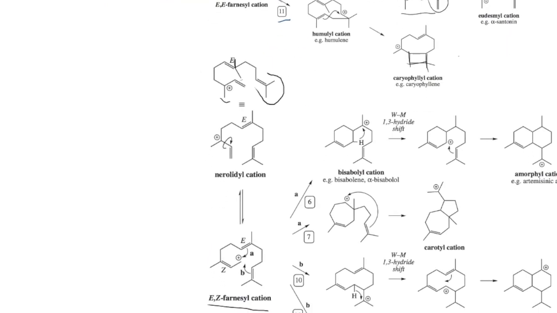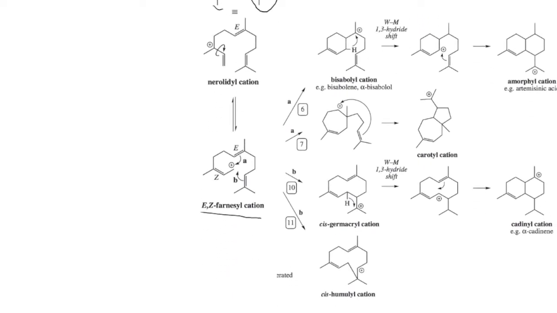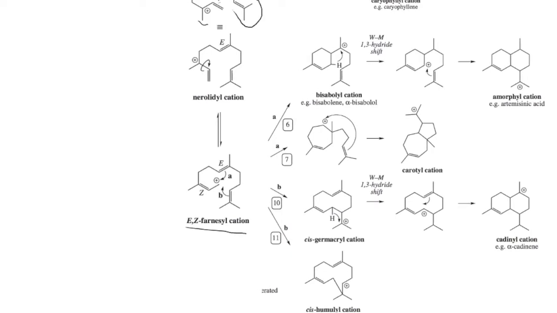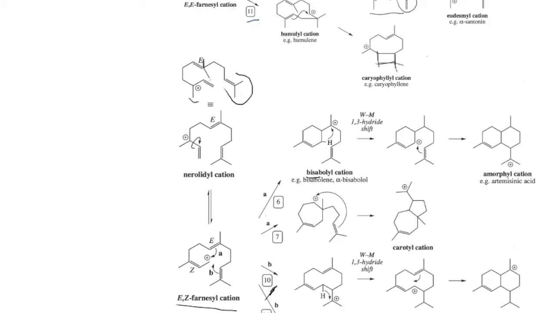All right, so we've refolded it, so it's going to change the general structure, but the concepts are the same. In this case, though, you have different cyclization fates. Instead of forming your 10-membered ring, you can actually form a 6-membered ring first, and that's going to give you the bisabolyl cation. I don't know if I'm pronouncing that right, but that's what I call it. Then from this 6-membered ring, you're going to form a 6-6.